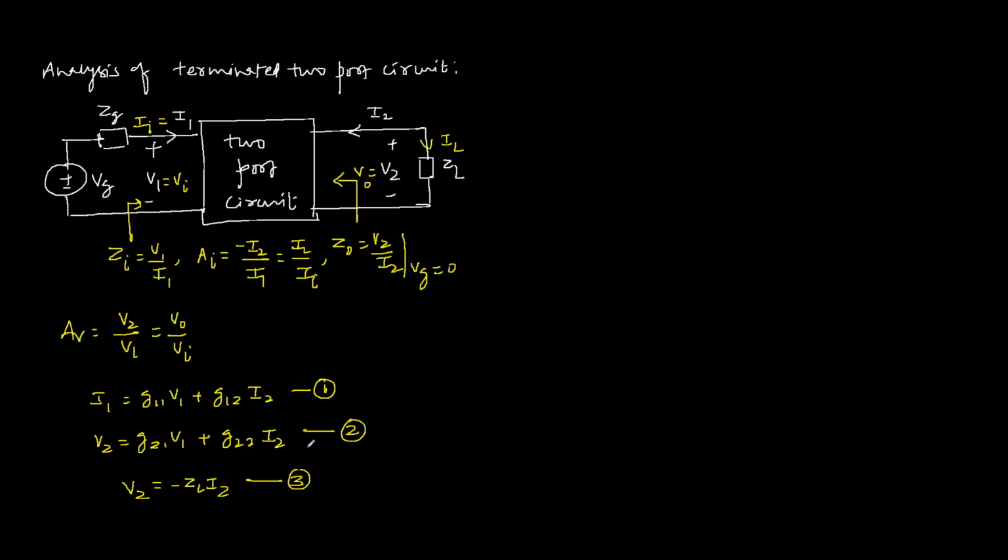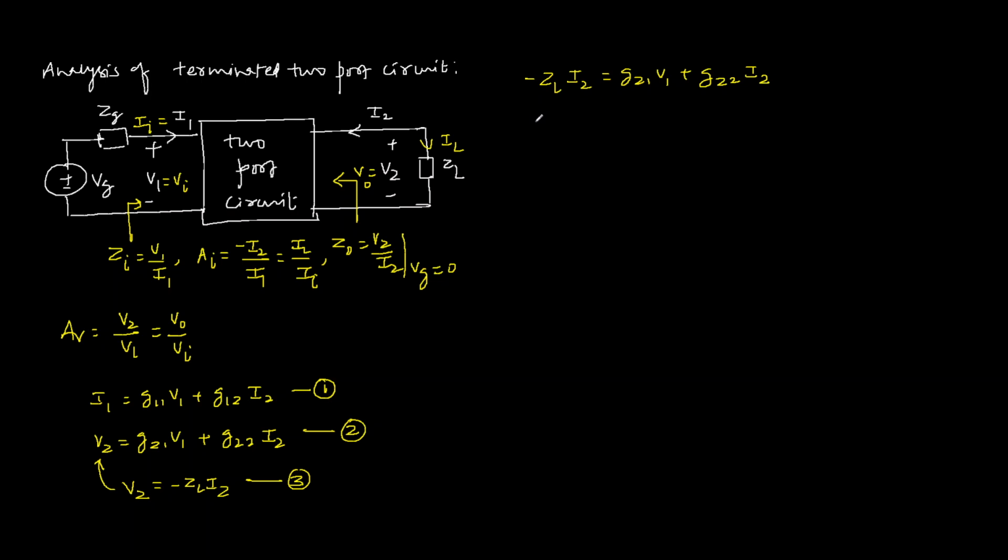So we will replace V2 from equation 3 into 2. So we have negative ZL I2 equal to G21 V1 plus G22 I2.